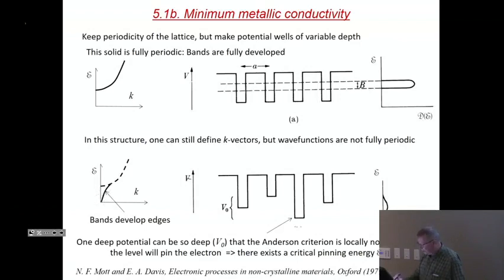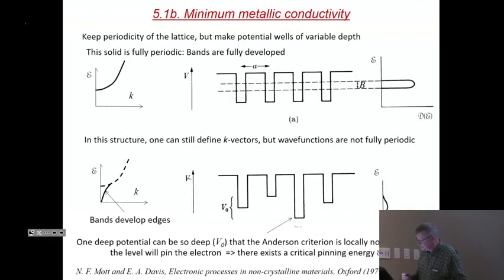The tail really is electrons that can be in potentials that are deeper than the average. Now, if they're not so deep that they can still jump to the next potential, we still have conduction. But if they are so deep that they get stuck here, then you have no conduction. So you can see that in these band edge tails, some states conduct if they're close enough to the band edge, but other states don't.